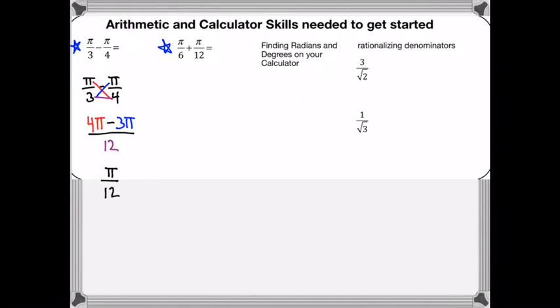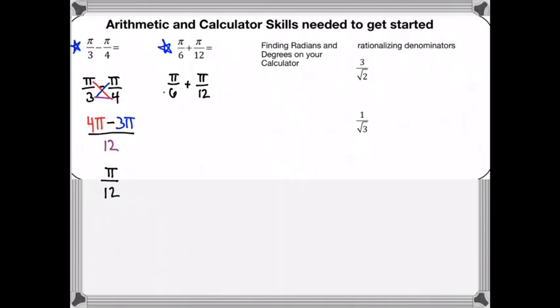The next example, just to show you a different way, is that we could also get common denominators, just like we would with regular fractions. So, for example, if I had pi over 6 plus pi over 12 and I wanted common denominators, I know that a common denominator of 6 and 12 would be 12.